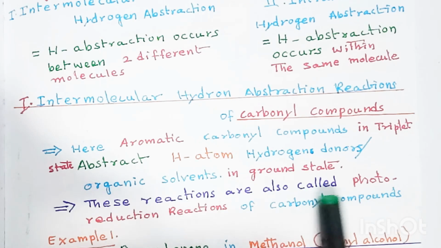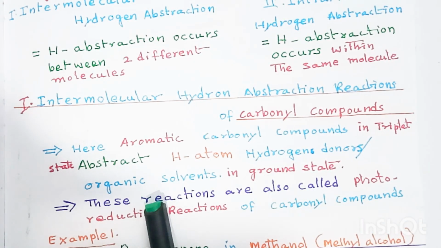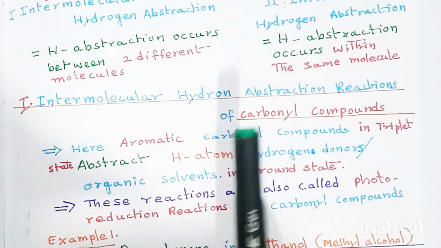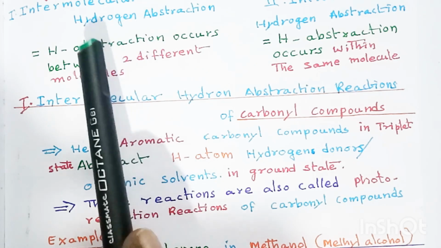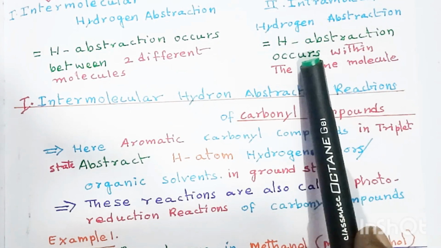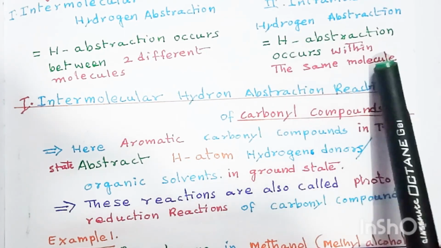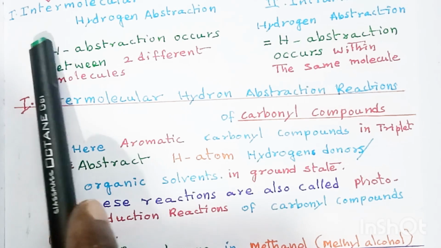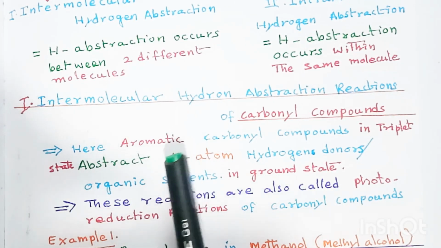We have learned this in our previous lecture, but here we are considering this because we are talking about hydrogen abstraction reactions. Hydrogen abstraction reactions are two types, intermolecular and intramolecular. So before we start intramolecular hydrogen abstraction reactions, we have to go through intermolecular hydrogen abstraction reactions.